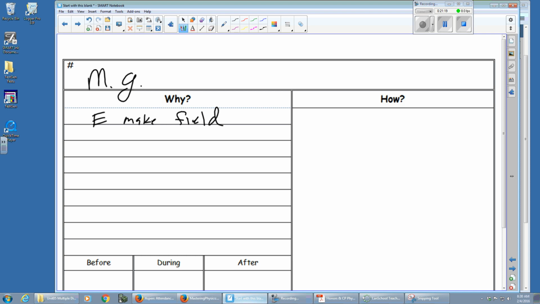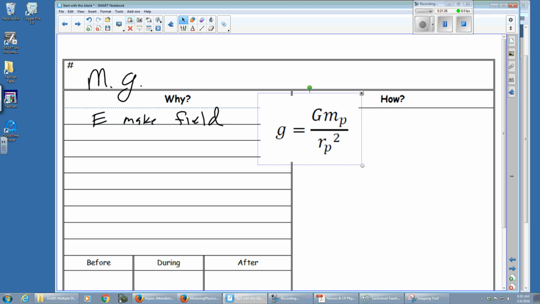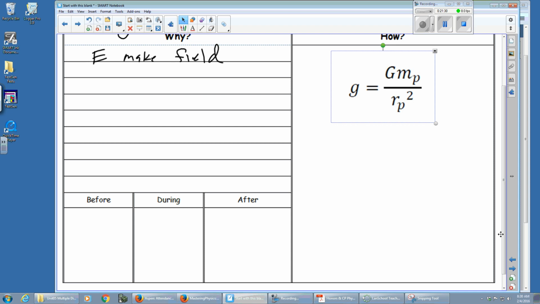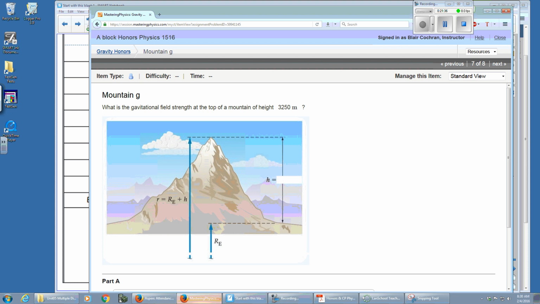I'm using my same equation. One thing to remember is, if you look at the diagram here, what we care about is how far we are from the center of mass of the thing creating the field.